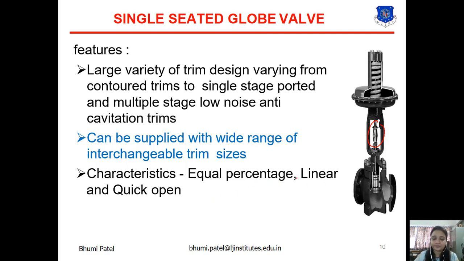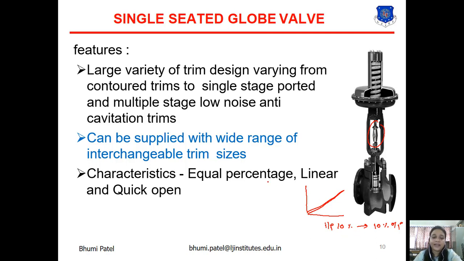Now what is the characteristic in the valve body? In the linear, whatever input is given, in proportion we get the output. If the input change is 10%, at that time the output will also change 10%. So this is the linear characteristic. What is equal percentage? We have decided the percentage change of the valve from input to output.